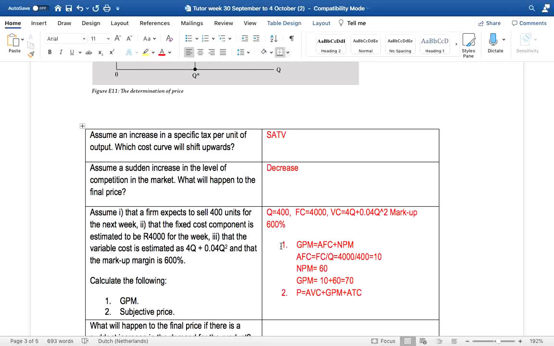Remember, we're given our variable cost function here, which is 4Q plus 0.04Q squared. So average variable cost is going to be equal to VC divided by Q, which is equal to 4 plus 0.04Q.